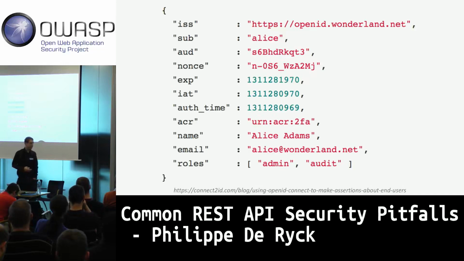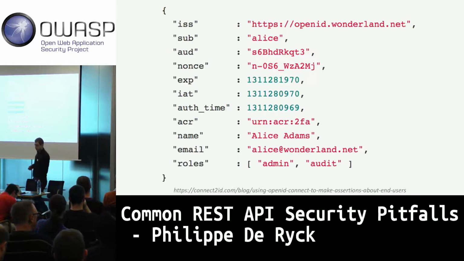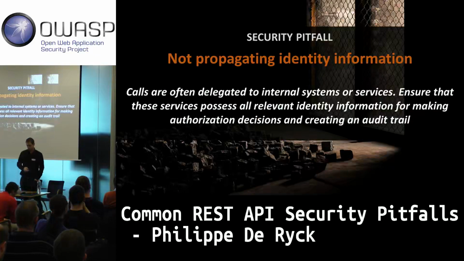So you can use that to decide whether really sensitive operations should only be accessed if two-factor authentication has been used, and that is defined in this attribute. So this gives you a lot of possibilities to propagate that information and to use it properly to make security decisions in your APIs.